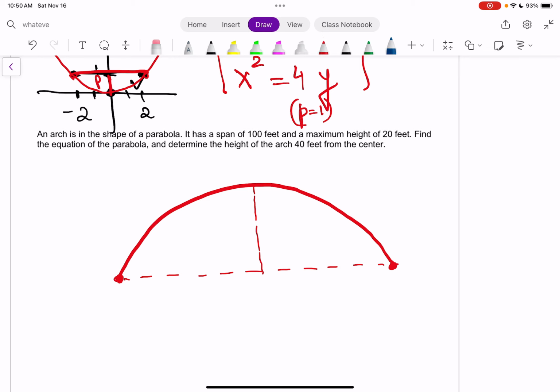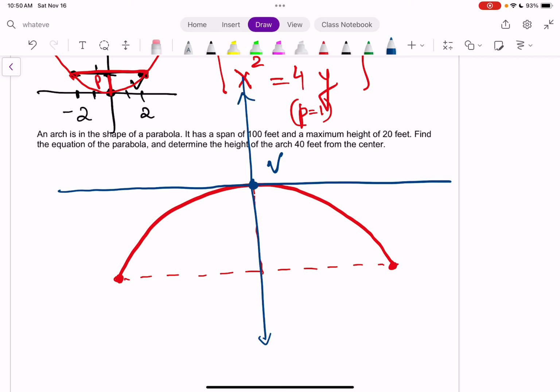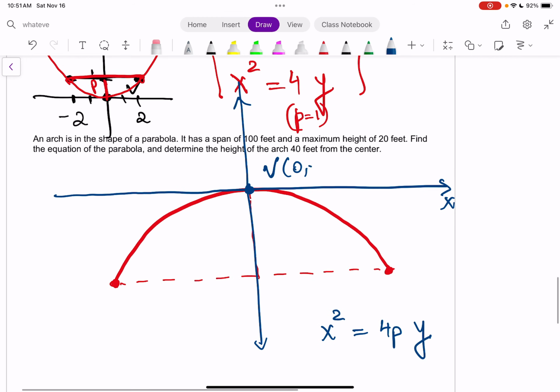Now, I'd say the best thing to do is to place that vertex in the origin, right? Now, if I place the vertex in the origin, this is just going to be a downward-looking parabola. So definitely x is being squared and y is not. The fact that I put the vertex in the origin, there's nothing to subtract.